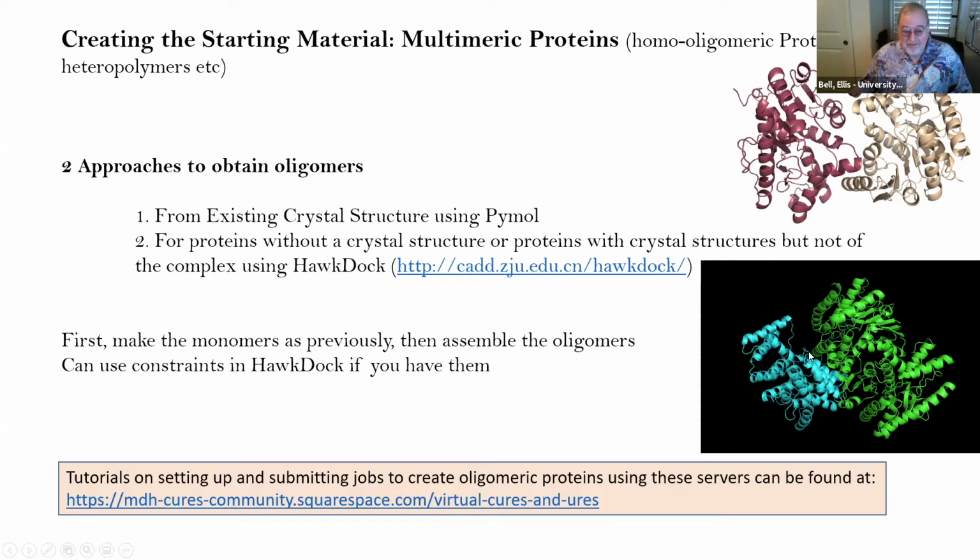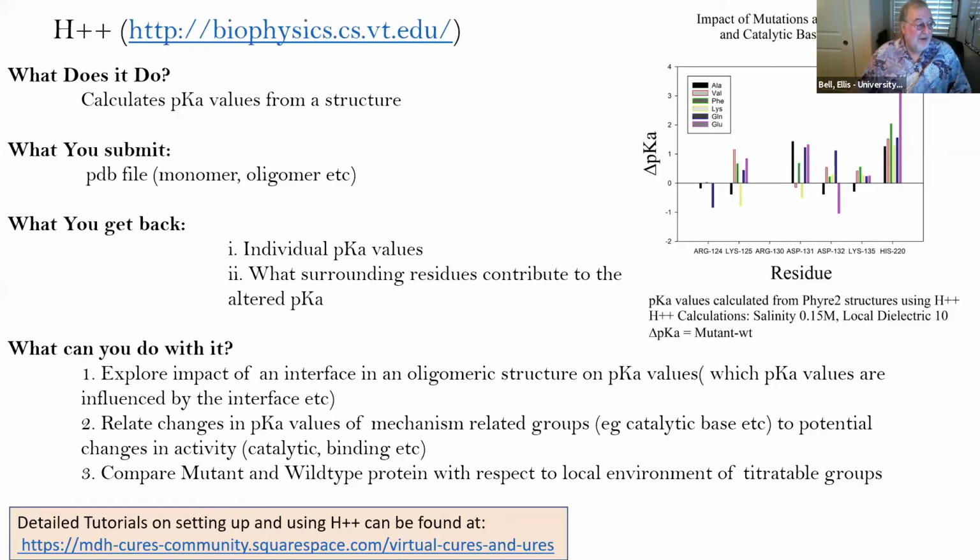If you have some biochemical information about what things are close to one another, you can put those restraints in and get a model. Whether it's the correct model, of course, depends upon somebody crystallizing the complex, but that's a different problem. So once you've constructed the proteins, what can you do with them?